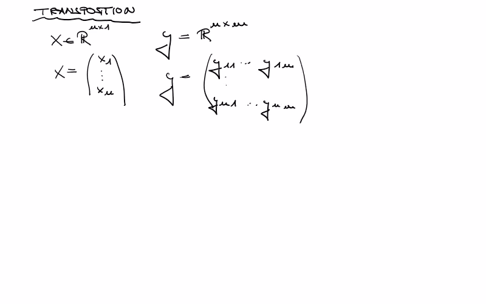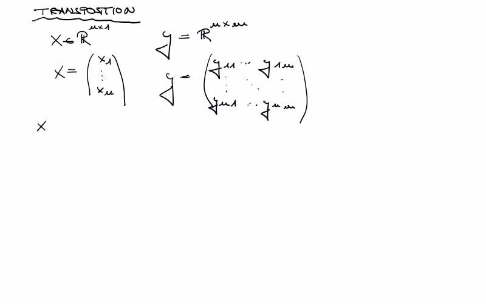And now one thing we haven't discussed previously was the notion of transposition. And that's fairly easy and very intuitive. So to transpose a matrix or vector means to exchange the rows and columns.